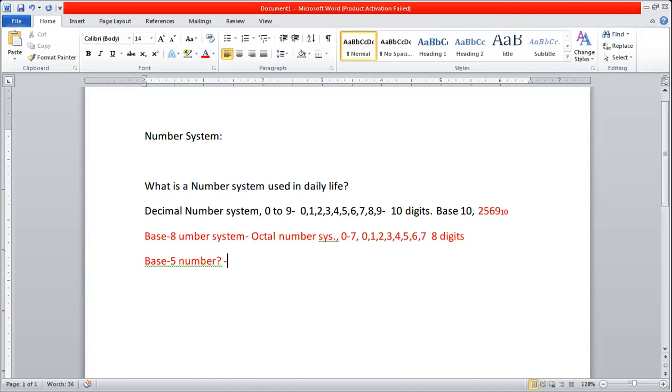How many numbers are there in base 5? 0 to 4. Yes, 0 to 4. 0, 1, 2, 3, and 4. Okay. So how many digits? 5 digits.